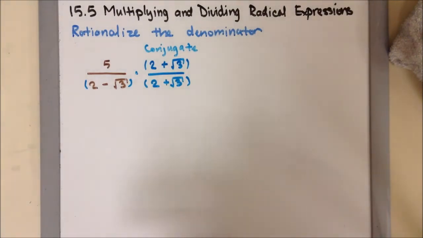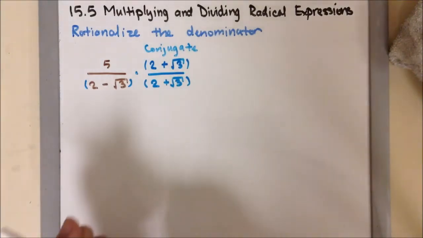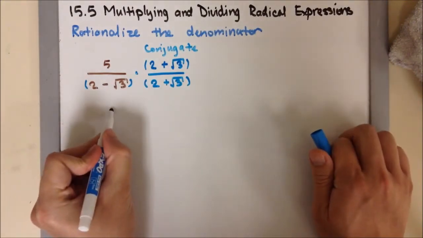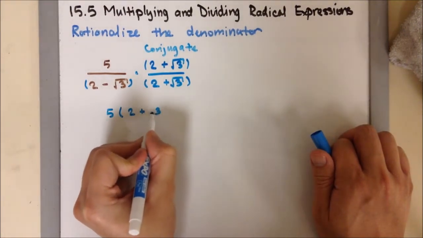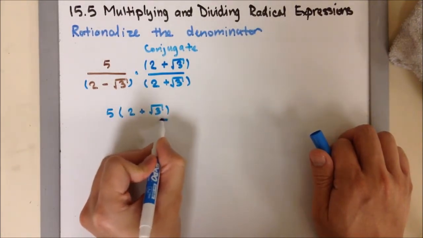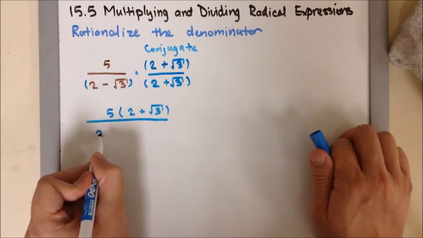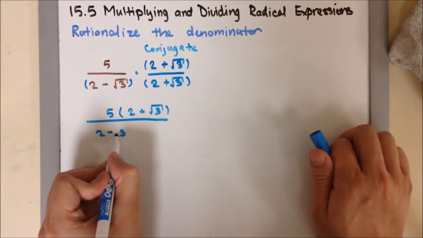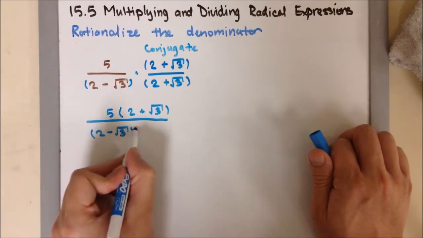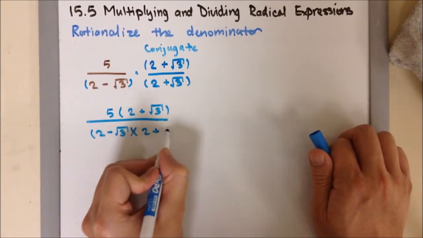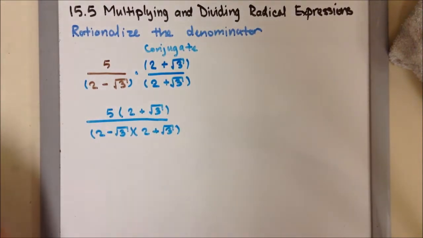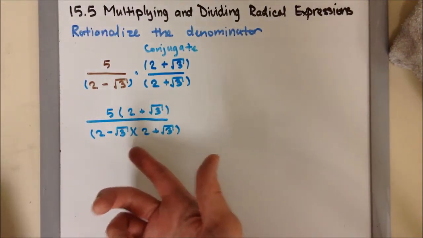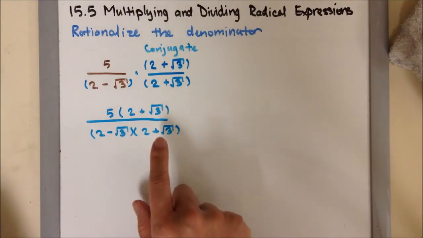So here, we're actually going to have to FOIL in the denominator. So I'm going to write out what it looks like when you put it next to each other. So, as I stated, in the denominator, you're going to FOIL because it's a binomial multiplying with a binomial.